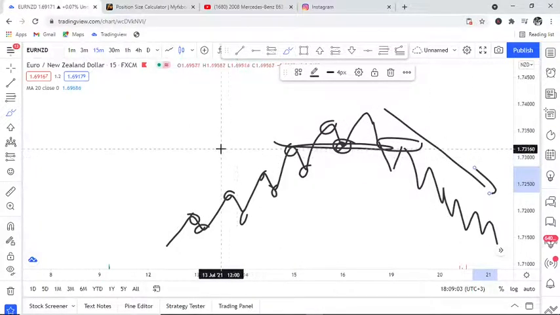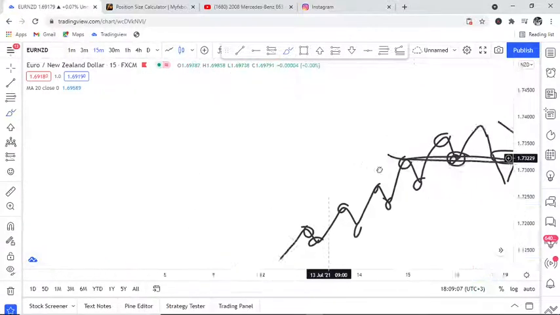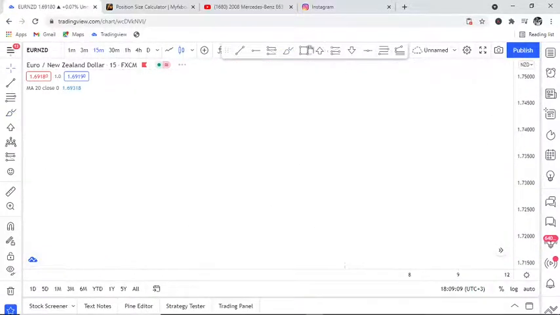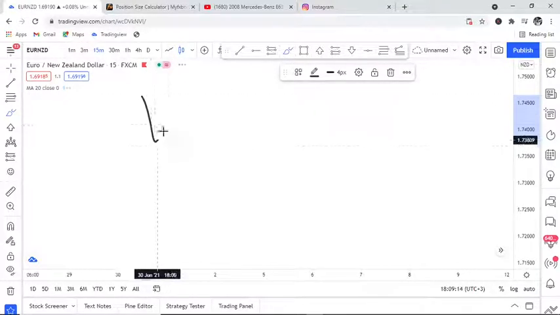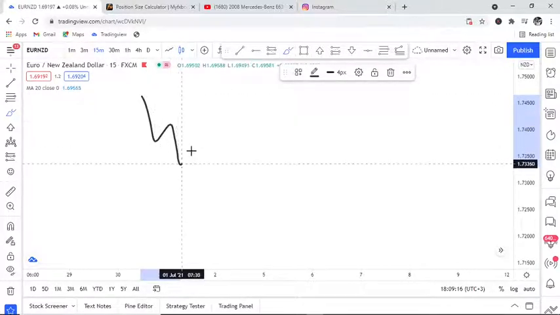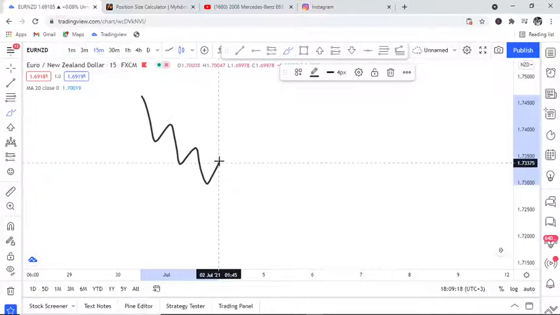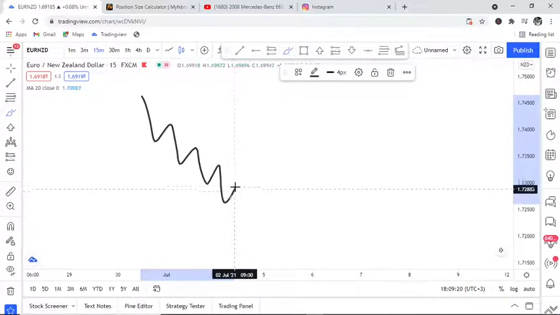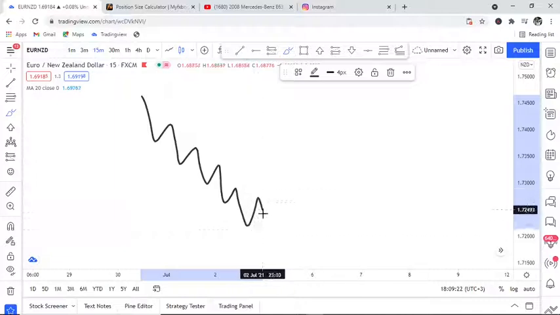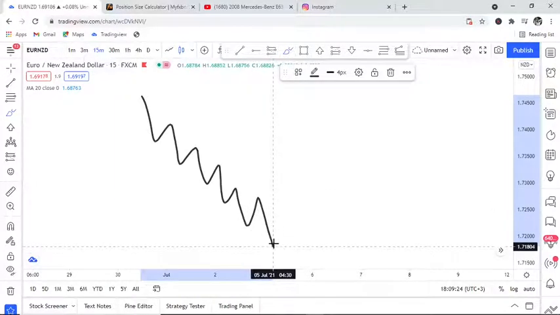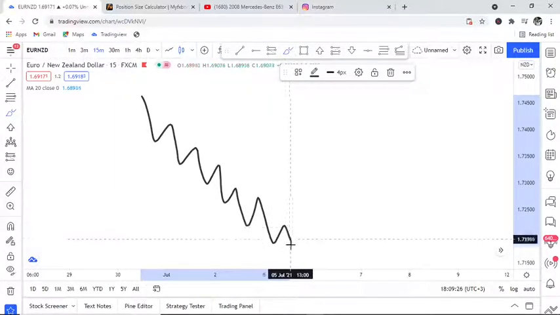Now we are going to go ahead and look at a downtrend. When the market is in a downtrend, what you see are lower highs and lower lows. Remember, in an uptrend, what you want to see is higher highs and higher lows, and in a downtrend what you want to see is lower highs and lower lows.